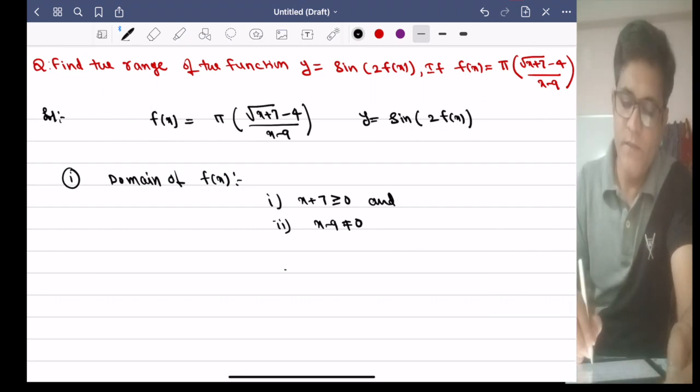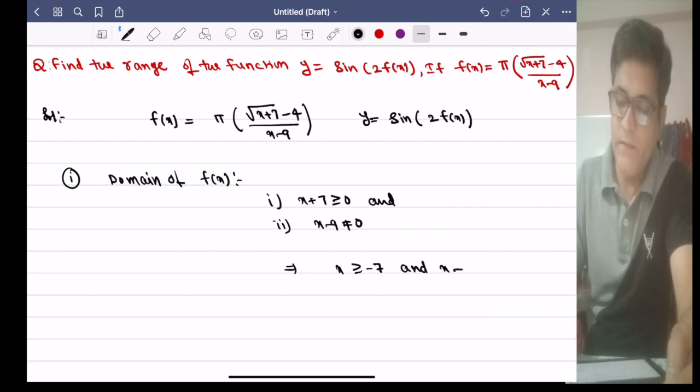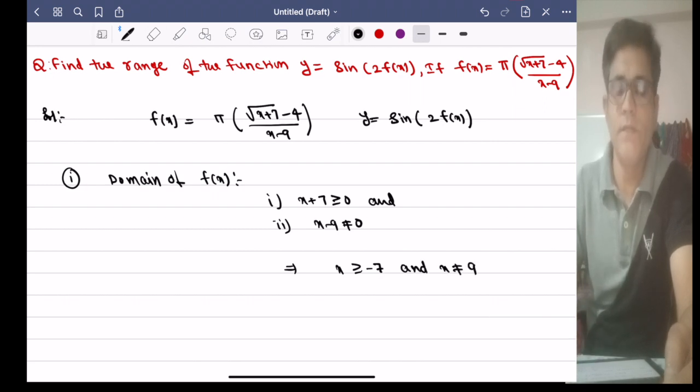So x plus 7 is greater than or equal to 0 implies x is greater than or equal to minus 7, and x is not equal to 9. So these are the conditions.